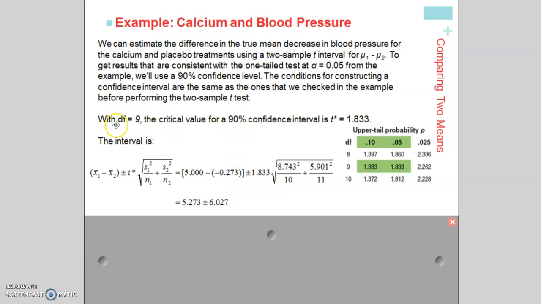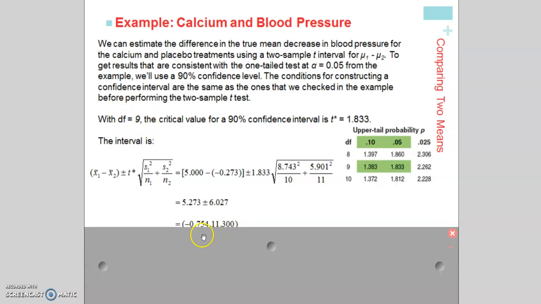You could also use your calculator and use the degrees of freedom your calculator gives you, which will give you a different critical value because it will have different degrees of freedom. You could also have your calculator just run a confidence interval like we learned how. But if you are using the conservative number 9 and the table, you'll get the following interval.